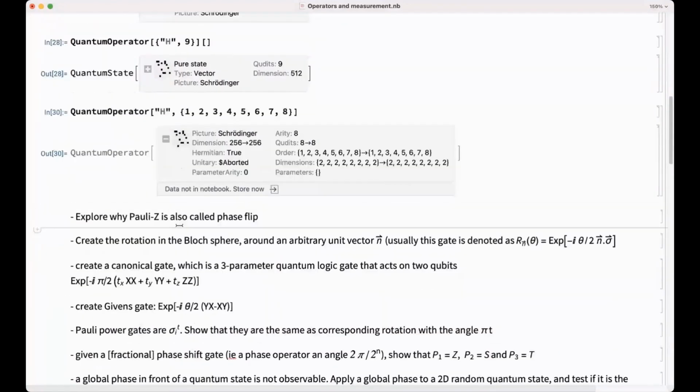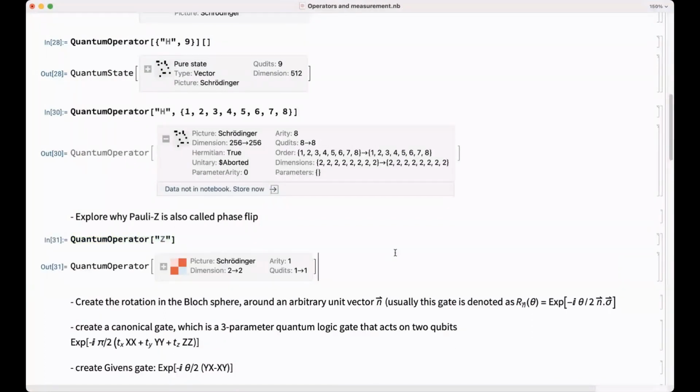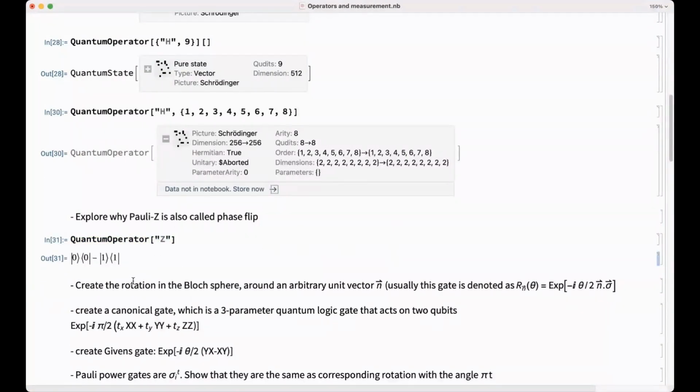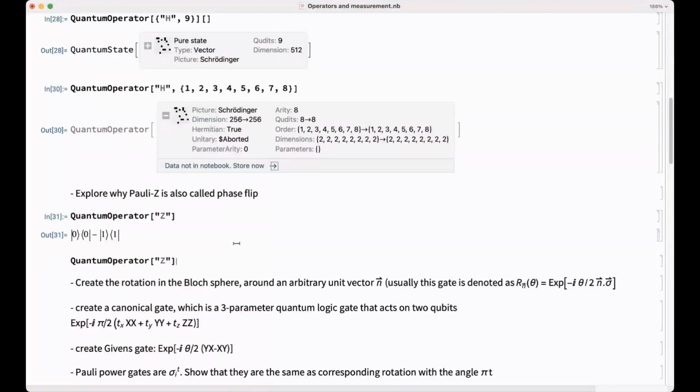The next question is asking why, whenever we talk about Pauli Z, many people and much of the literature call it a phase flip. What's happening there? As you can see, it's literally like adding a negative phase whenever you have your one state.